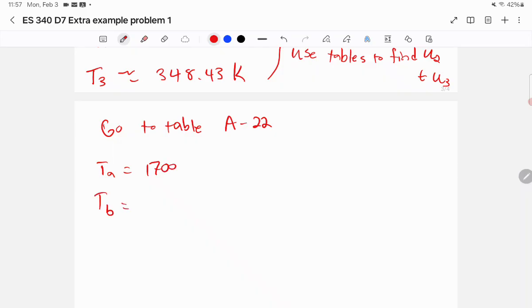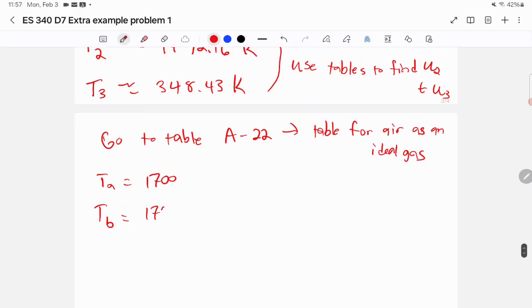TB, this is a table for air as an ideal gas, we find TB is equal to 1750. These are Kelvin here.